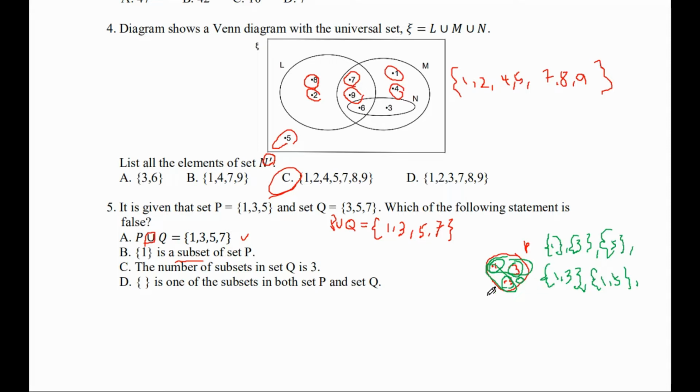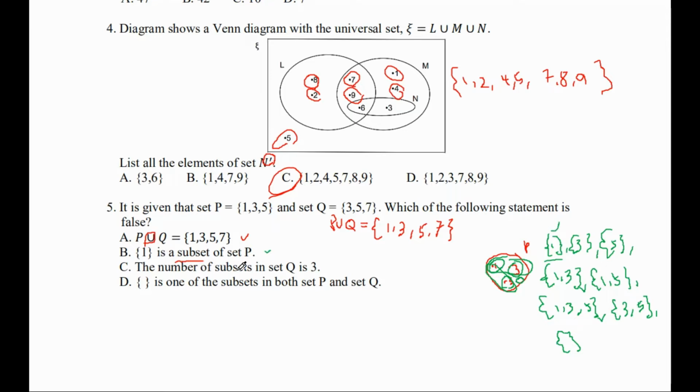I can circle three numbers, 1, 3, 5. And also I can circle an empty circle. So these are the subsets of set P. So 1 is a subset of set P, so 1 is here. Okay, so this is correct.